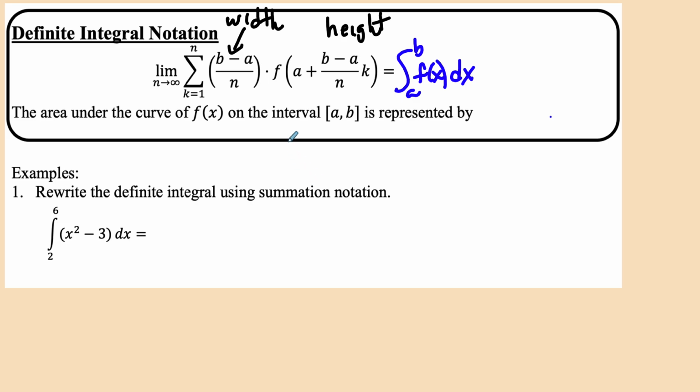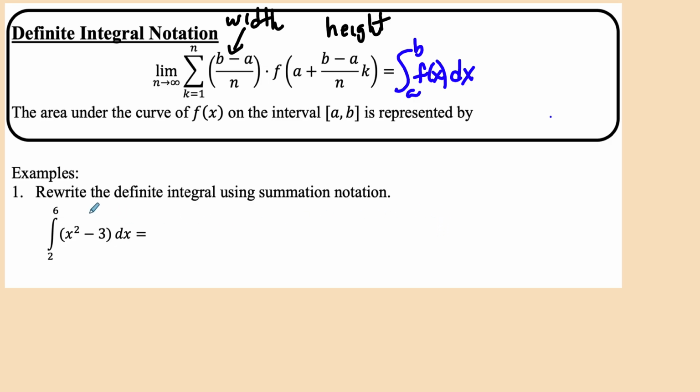So the definite integral is defined like this: the limit as n approaches infinity of the summation of the width times the height, and that's going to be this integral notation, this S shape, which stands for sum, from a to b, from the start to the finish of your height times your width. So it actually is the limit of all of these rectangles being added together.